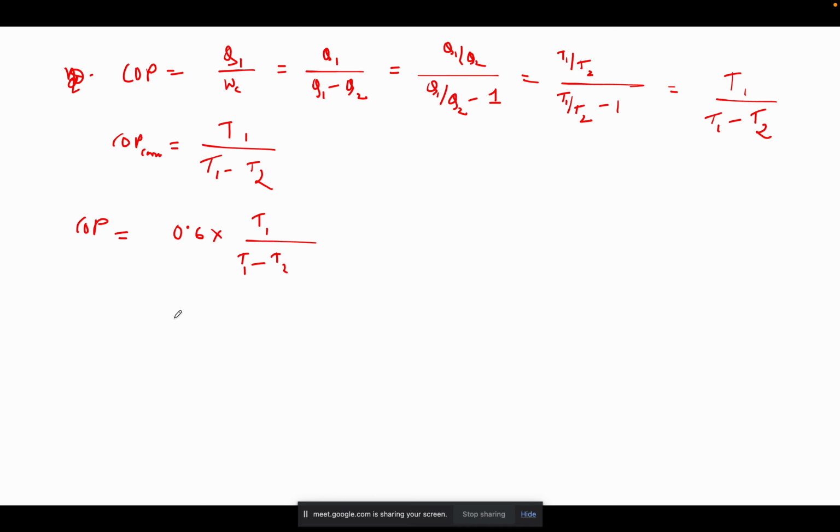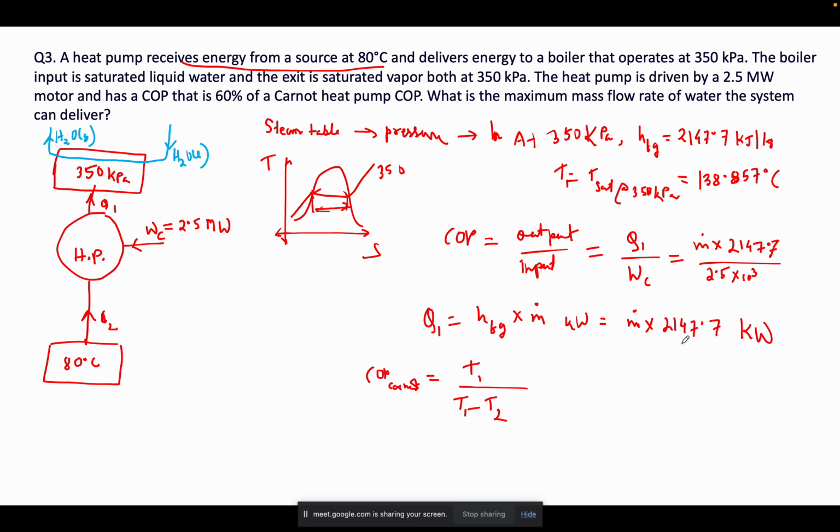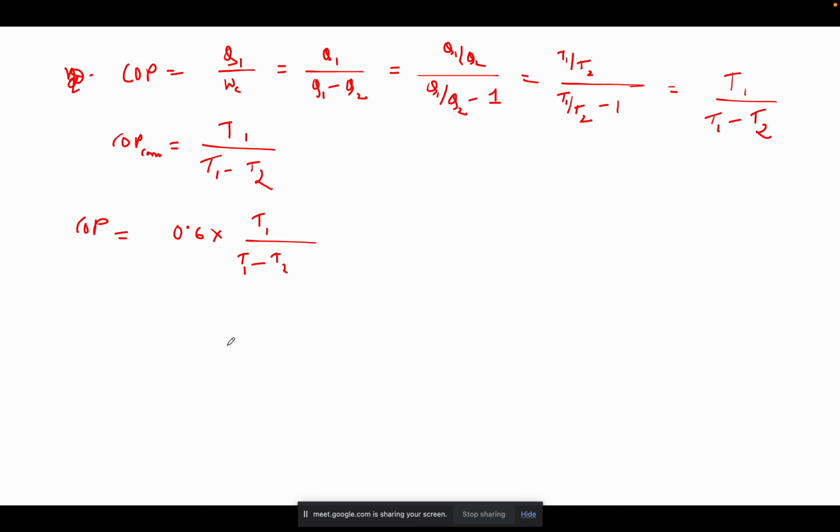So from this equation we have got COP as this one, and from this equation we have got COP as this one. Now we'll just equate these two.